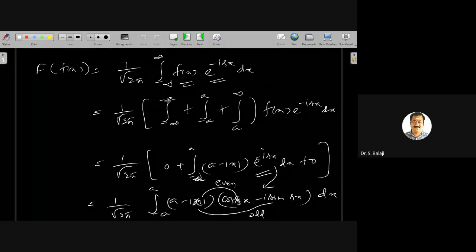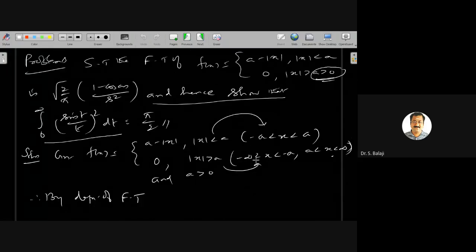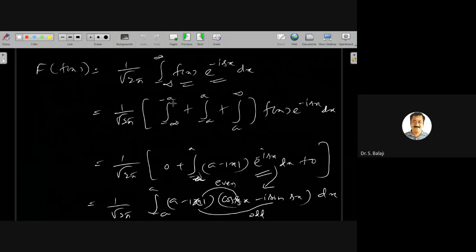Now the integral from minus infinity to infinity can be split into three sub-intervals: minus infinity to minus a, then minus a to a, and then a to infinity. The e power minus isx is just the fixed kernel, which you keep as it is.